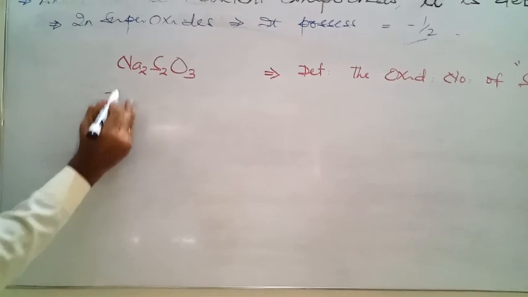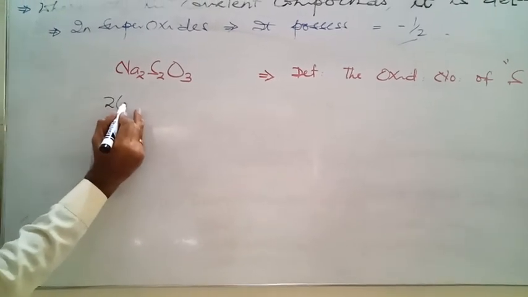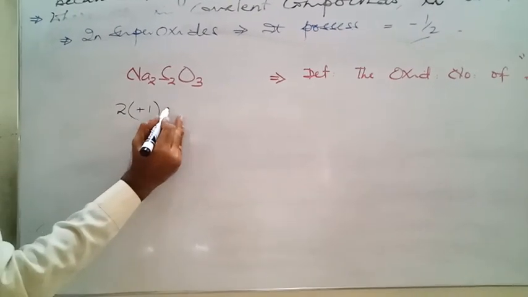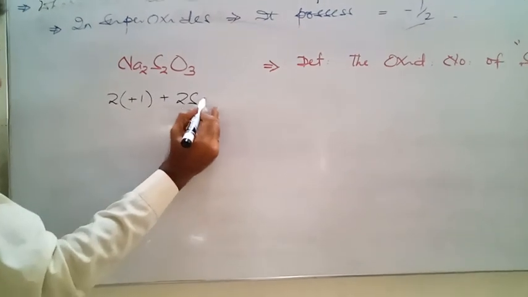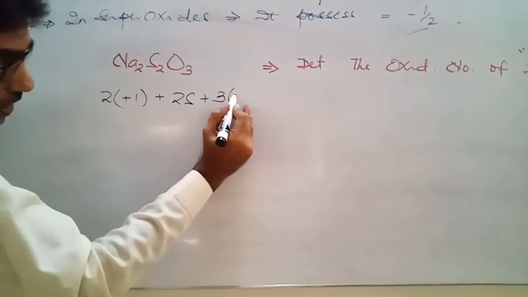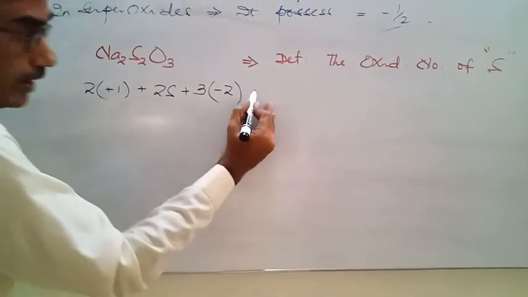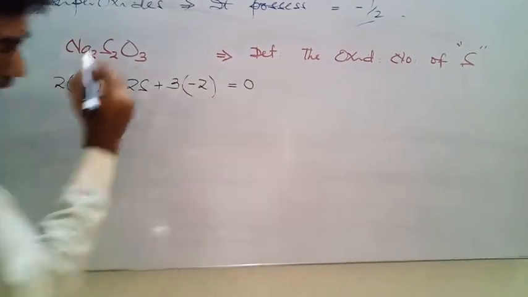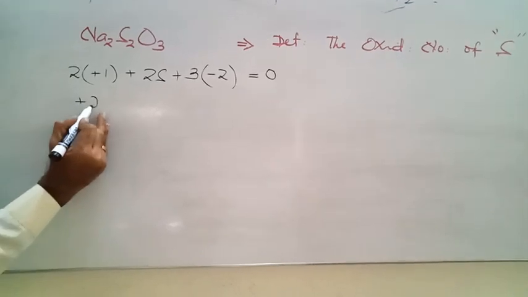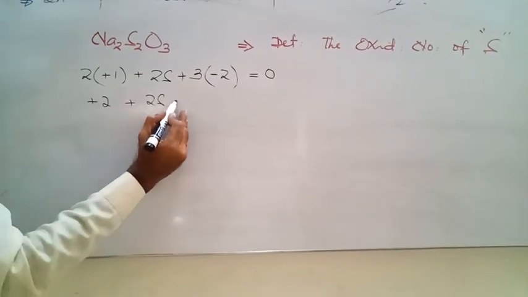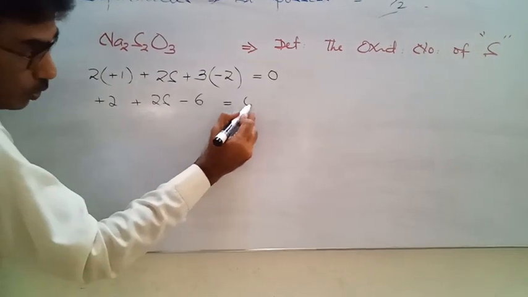So how can we determine it? Two sodium, each one possesses oxidation number +1. We have 2 sulfur atoms, we have 3 oxygens, each possessing oxidation number of -2, and as a whole the compound is neutral. So 2 plus 2 sulfur minus 6 is equal to 0.